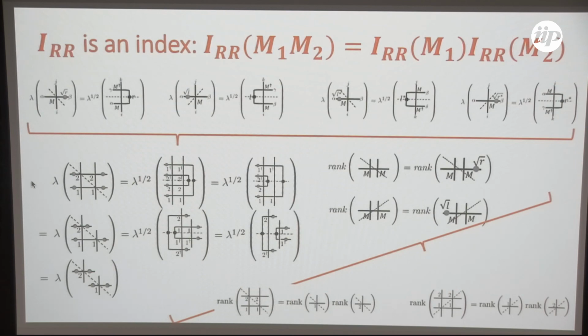So the important thing here is that we made use of this trick and the pulling through conditions to prove that the eigenspectrum of this big matrix is equal to the product of the eigenspectrum of this individual MPUO and this individual MPUO. This basically proves that the rank of multiplied MPUOs, this left to right rank, is equal to the product of the ranks of individual MPUOs. And this actually proves this property.